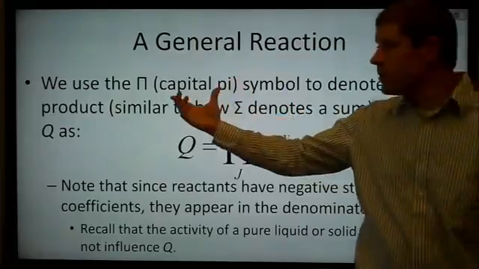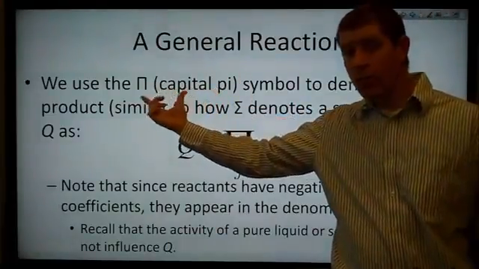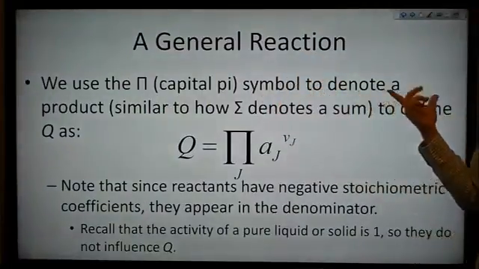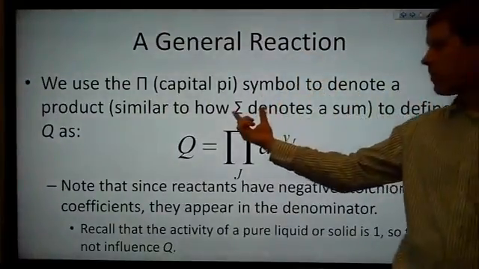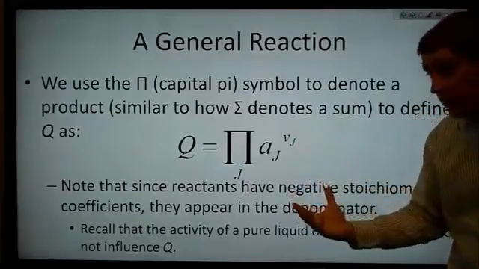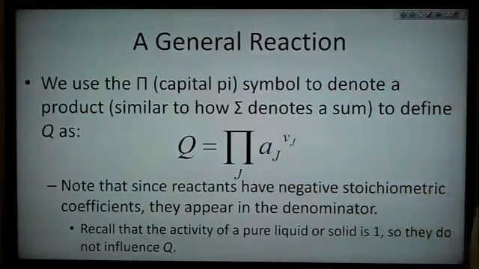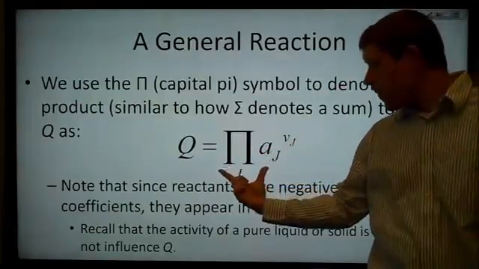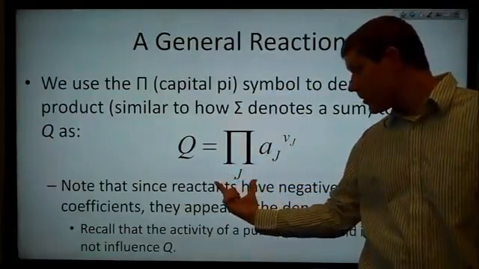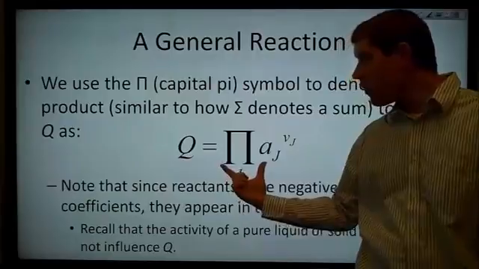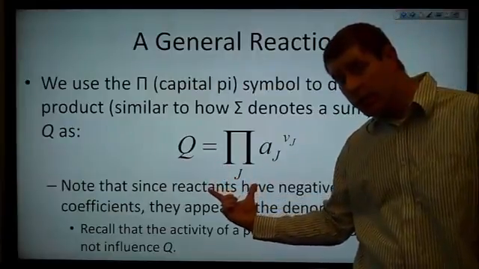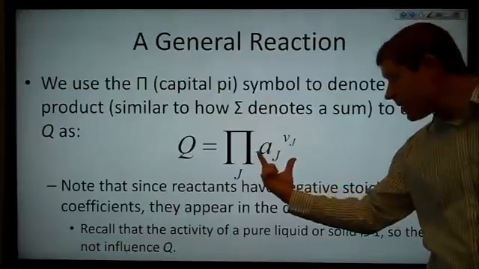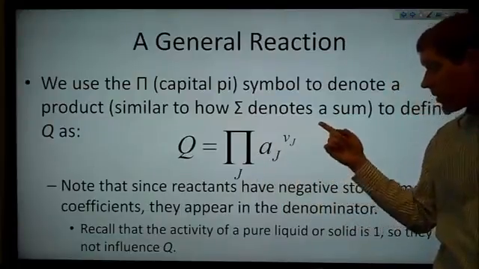Now we can use our capital pi symbol here to denote a product. Just like how capital sigma denotes a sum, capital pi denotes a product. So now we have Q is equal to the product over all substances J, out of all of our components J, of the activity of J to the power of Vj.